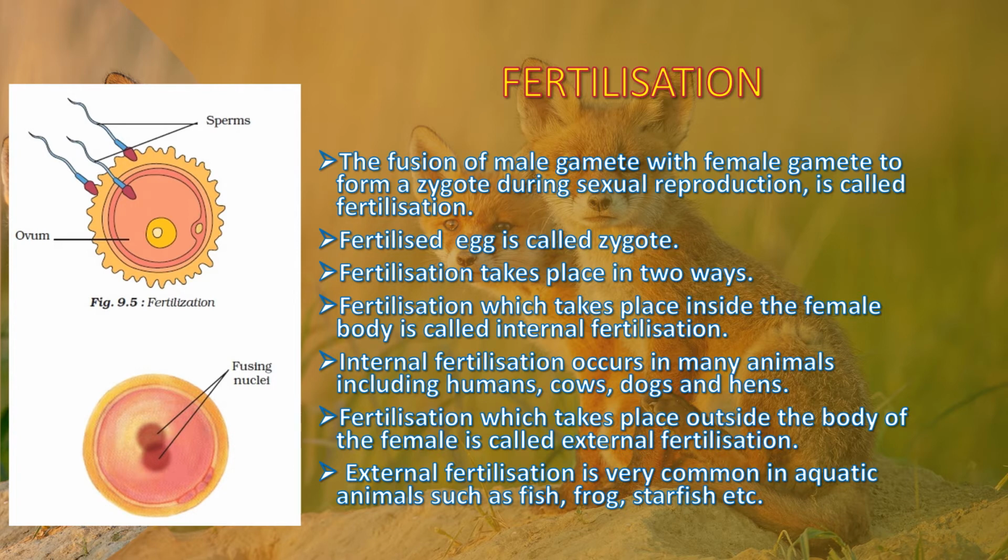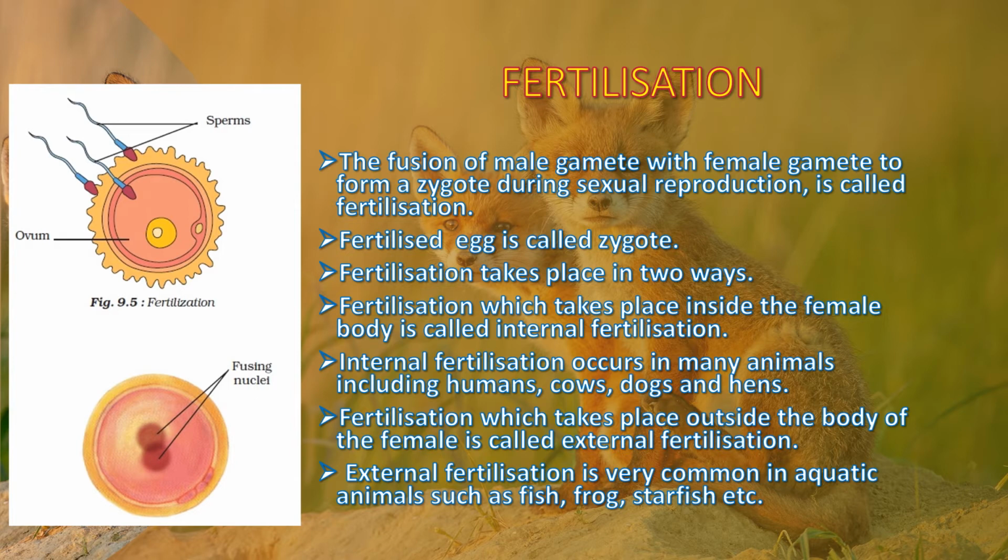Now the question arises, why do fish and frog lay eggs in hundreds whereas a hen lays only one egg at a time? The answer is, though these animals lay hundreds of eggs and release millions of sperms, all the eggs do not get fertilized and develop into new individuals, because the eggs and sperms are exposed to water movement, wind, rainfall.